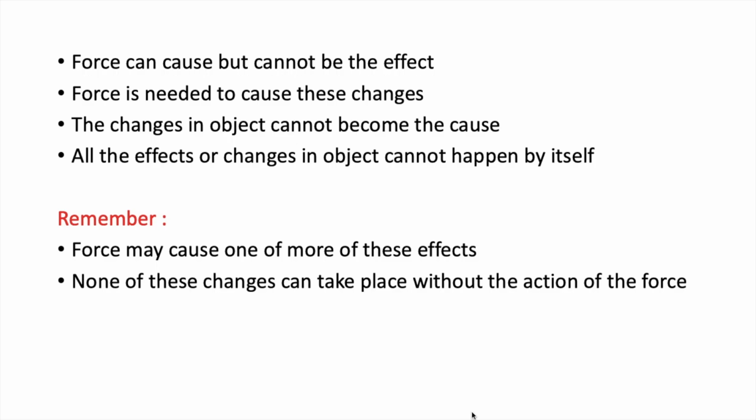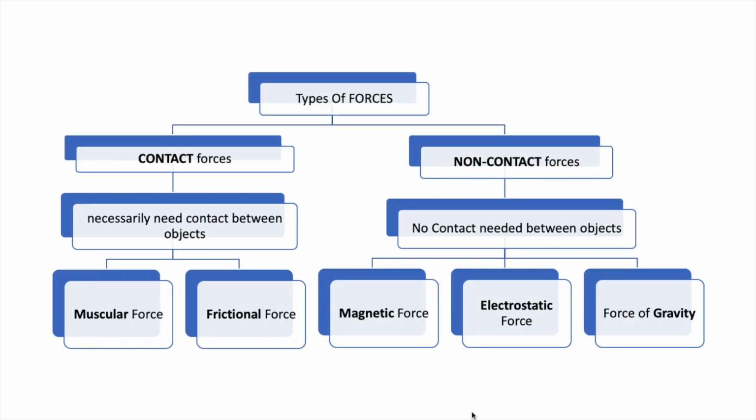Now we see how a force can act. Force can act in a contact or non-contact manner, as we have discussed earlier. Here we will see it in detail. As you can see in this diagram, under contact forces there are two types, muscular force and frictional force.